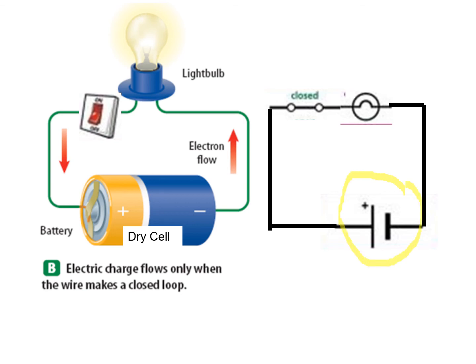Take note that the positive terminal should be indicated in the circuit diagram. The wire is represented by a line. The light bulb is represented by this symbol. And since the light bulb is glowing, the circuit is closed. It is complete. So the switch that you will be using is the symbol for a closed switch.